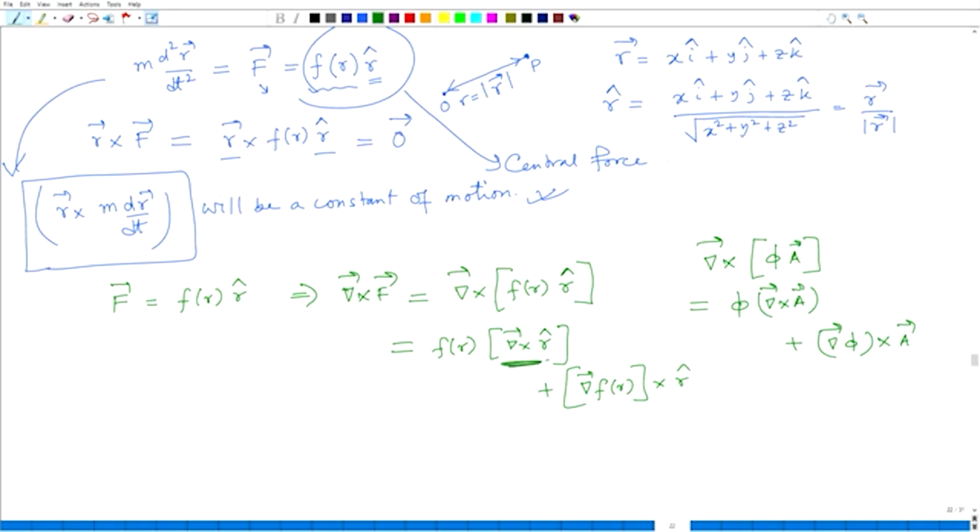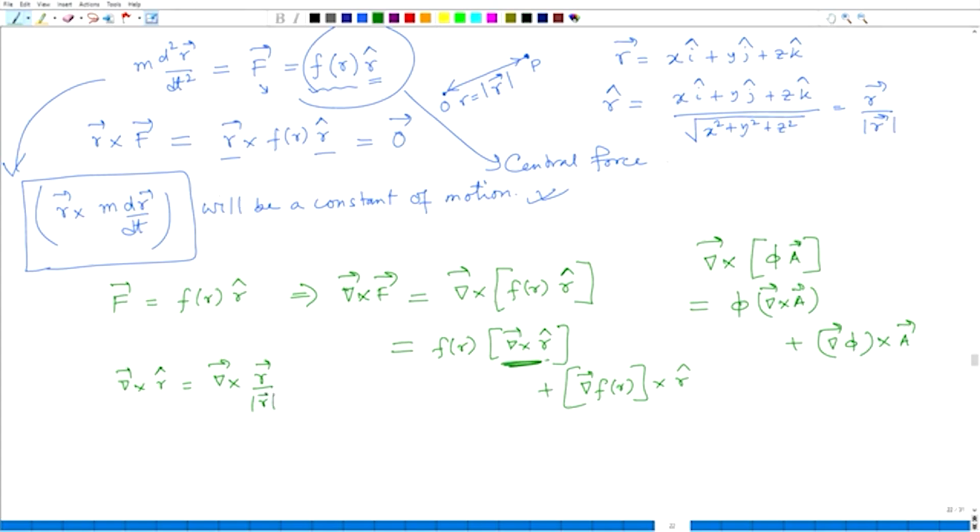This one you can see this is curl of r cap. So, curl of r cap means I can write it like this, curl of r vector by modulus of r. Okay.